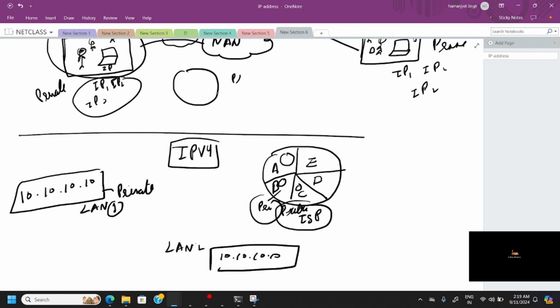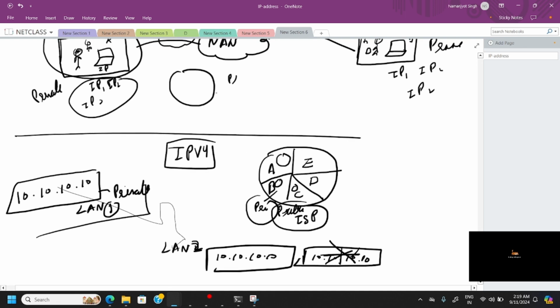But LAN 2 would not have another node with the same IP address. It is not possible. You can't address two systems with the same IP address. It is possible in cybersecurity, but we are discussing the basic concepts here, not the complex concepts. So this doesn't exist here. So LAN 1 and LAN 2 have 10.10.10.10.